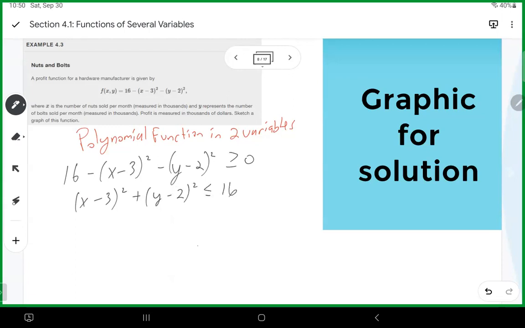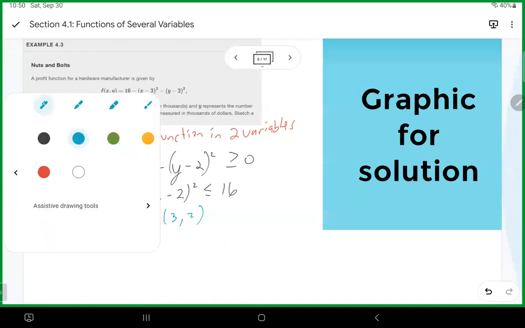This is a disk of radius 4 centered at 3, 2. Okay. You guys should definitely have that screaming at you from working with circles.